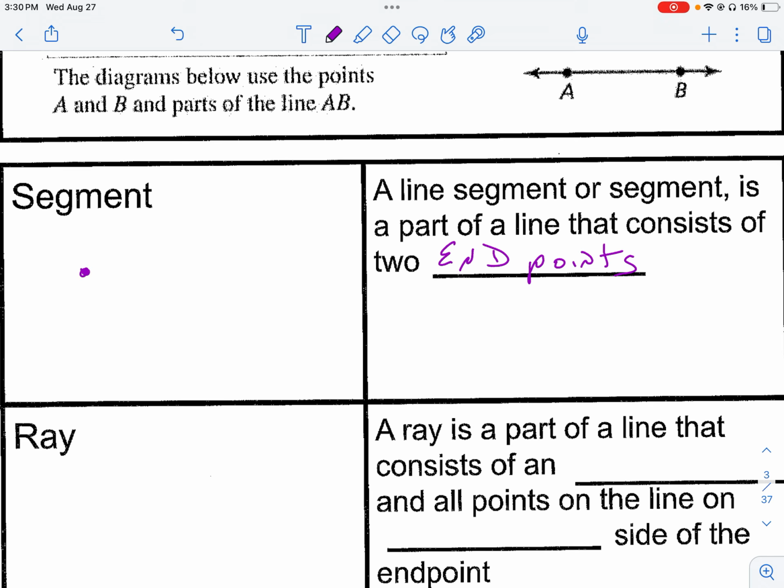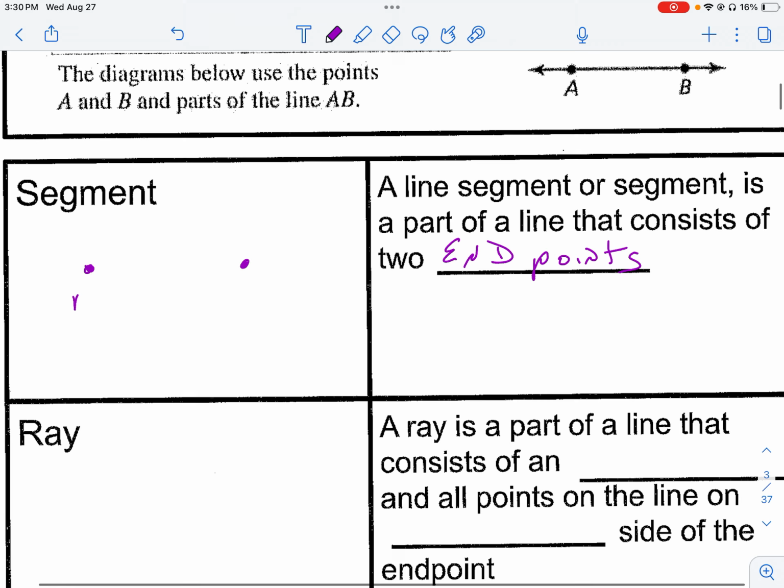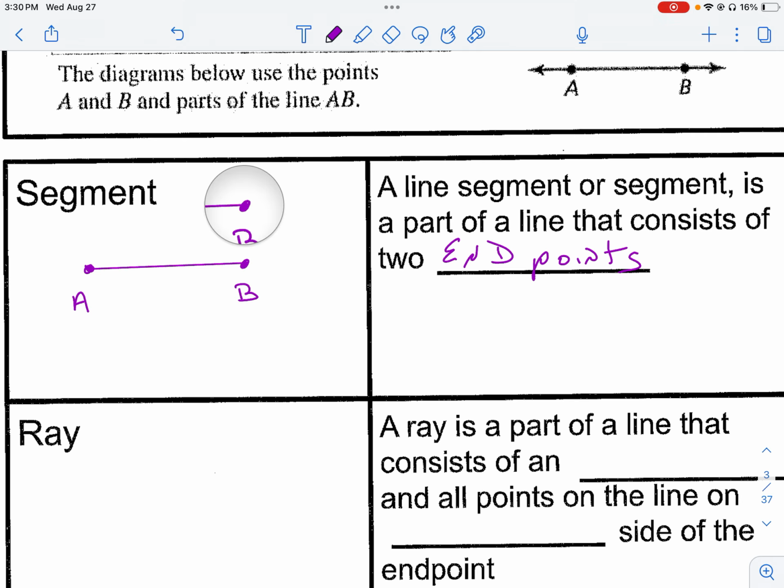So let's bring our line AB down. We're going to do a segment. So it means we're going to start and we're going to stop. Because what we have are endpoints, and these are our endpoints.